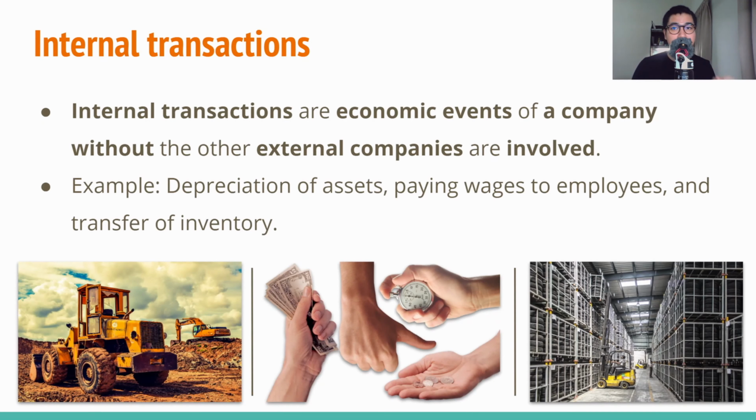So internal transactions are economic events of a company without other external companies being involved. For instance, you are the owner of the IHA company selling food, and you decided to buy a delivery car for 1,000 cash to serve customers, right? Of course, the company's accountants are going to record that car under the company's assets at 1,000.